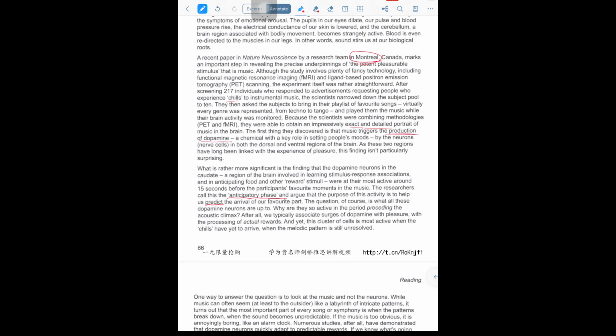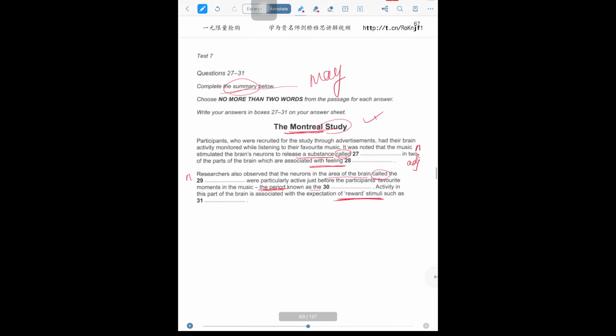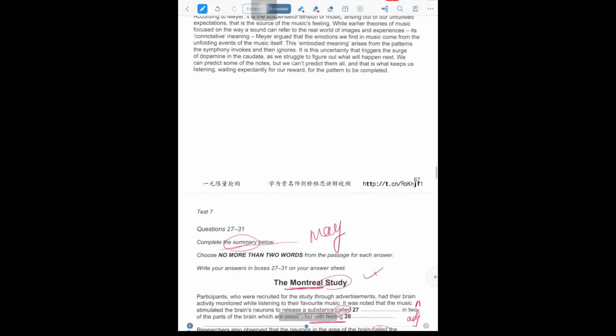Triggers the production of this, a chemical in you. Setting people's mood. Two parts of the brain which are associated with feeling.